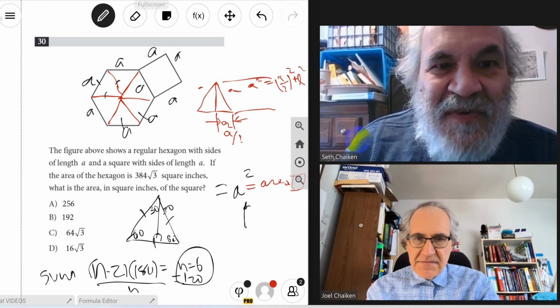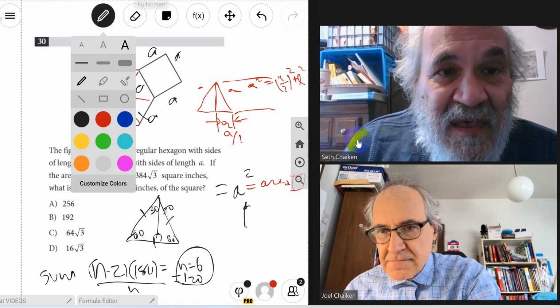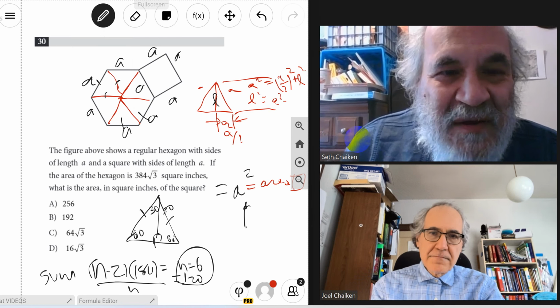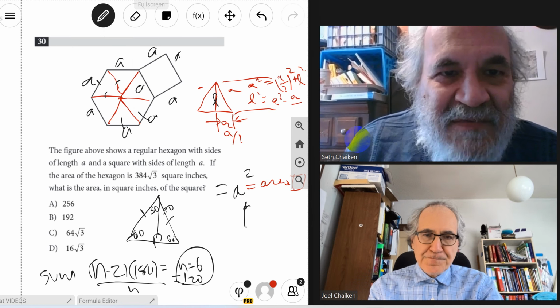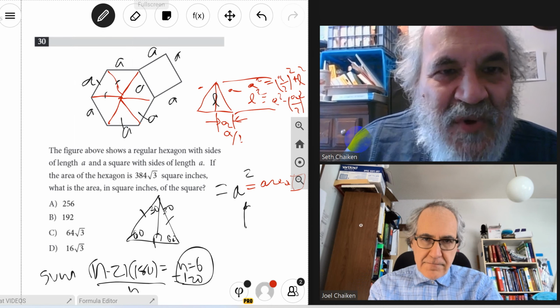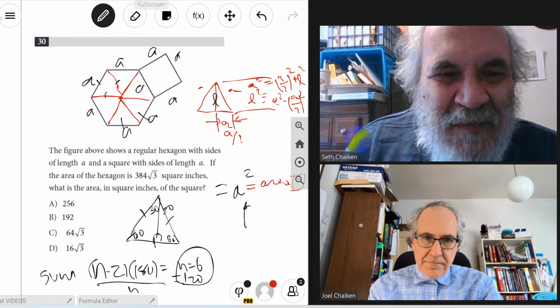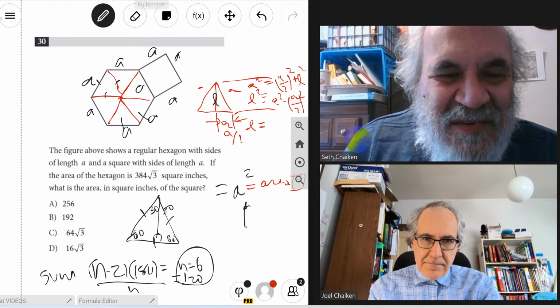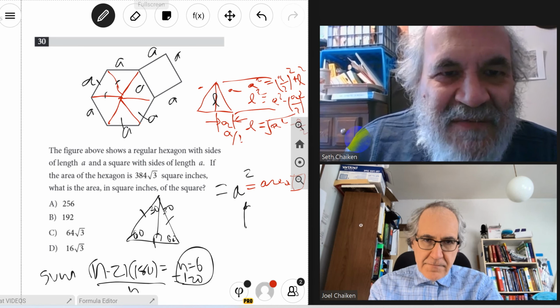So L squared is equal to A squared minus half of A squared. We need the square root of it, so L is equal to the square root of A squared minus half of A squared.